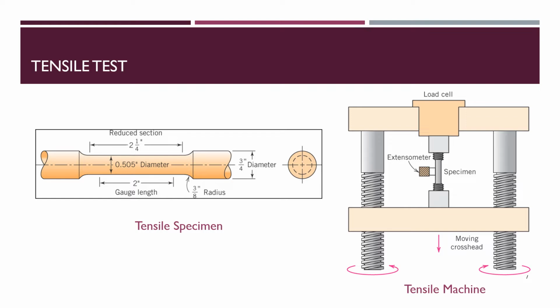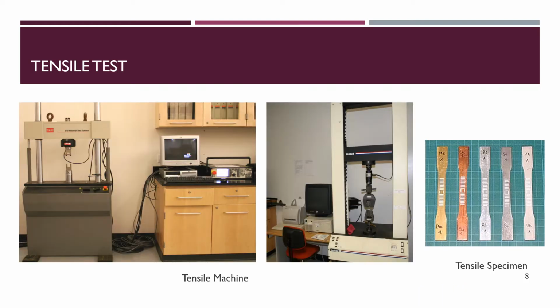The load cell will determine how much load the specimen can withstand, and the extensometer will record the distance. This specimen will be pulled in an opposite direction until it breaks. Here are examples of tensile machine available in the market and tensile specimen.